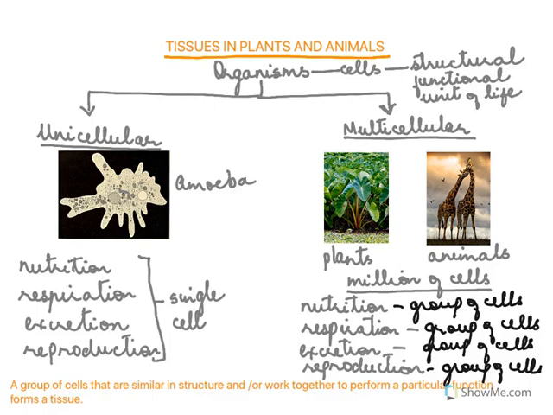So a tissue can be defined as a group of cells that are similar in structure. They work together to perform a particular function, and this forms a tissue. Multicellular organisms are made up of many cells.